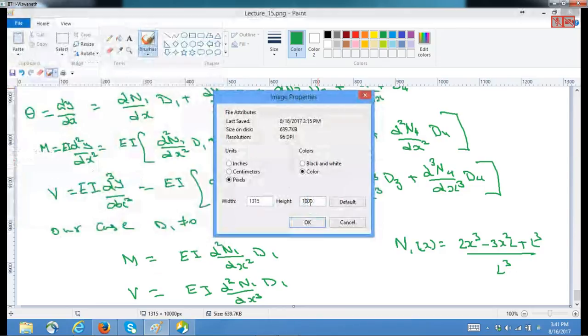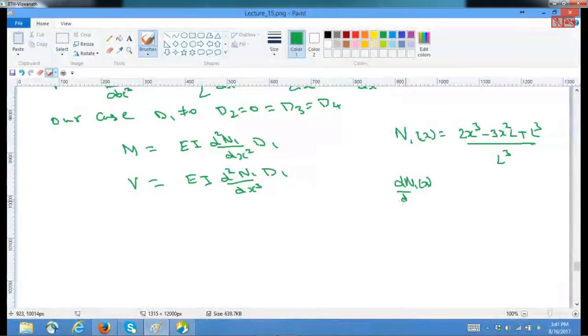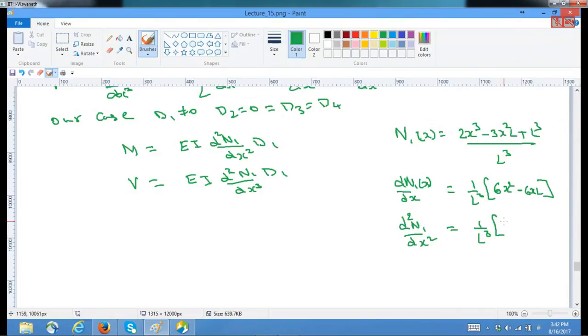dN1 by dx is 1 by L cube times 6x square minus 6xL, and d2N1 by dx2 is equal to 1 by L cube times 12x minus 6L, and d cube N1 by dx cube is equal to 1 by L cube into 12.